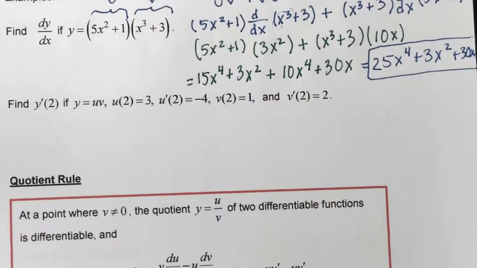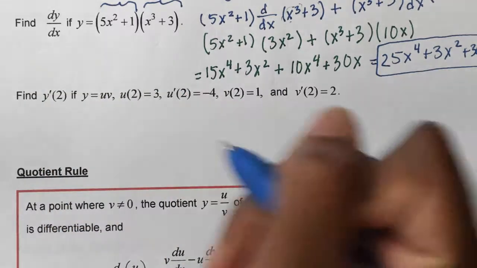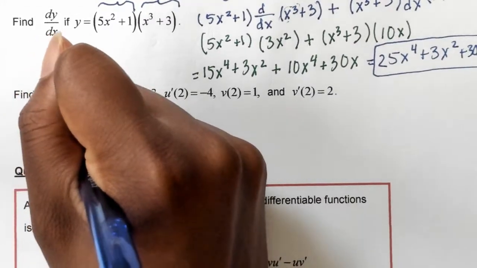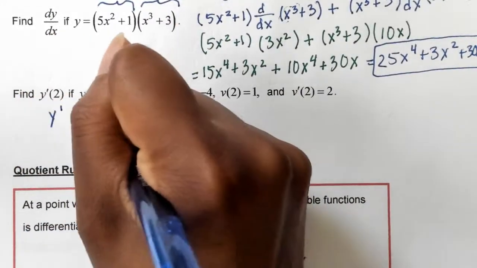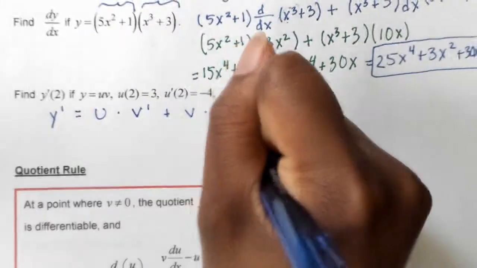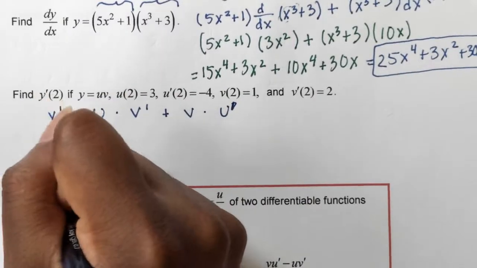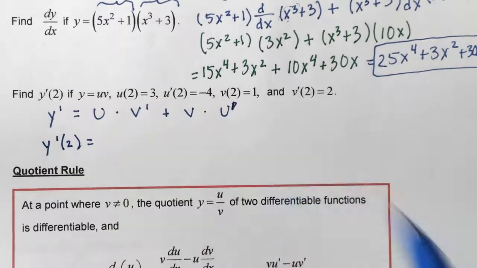Okay. So now we're going to use the product rule and some information about u and v to help us find the derivative of y when x is 2. So if we want to find this, we know that y prime is equal to u times v prime plus v times u prime. So y prime of 2, right?